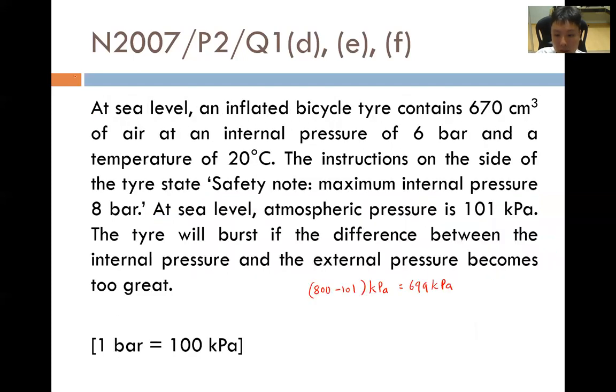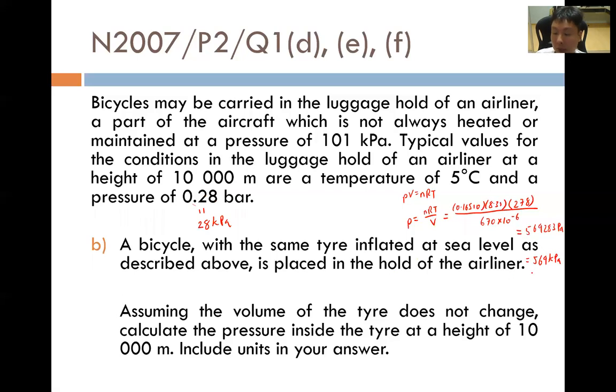So the pressure difference between the internal pressure of the bicycle and the airliner is 569 kilopascal minus 28 kilopascal, which is equal to 541 kilopascal.